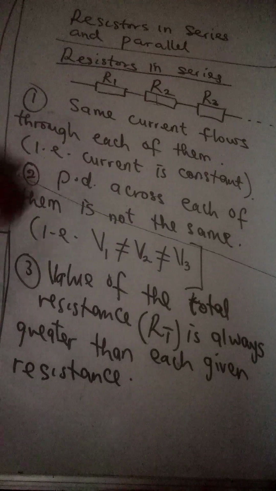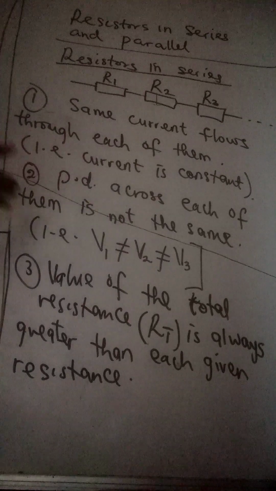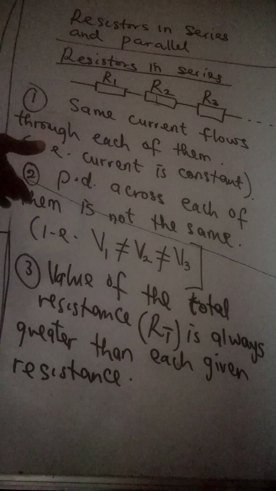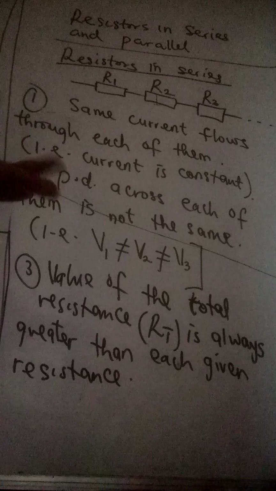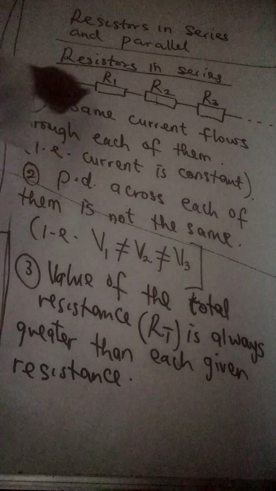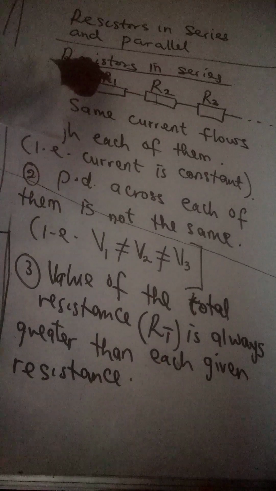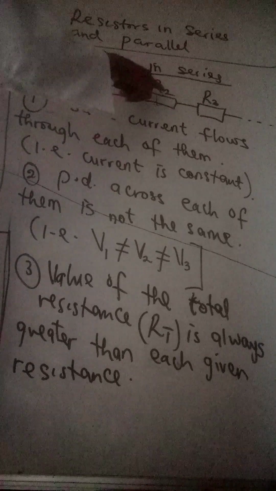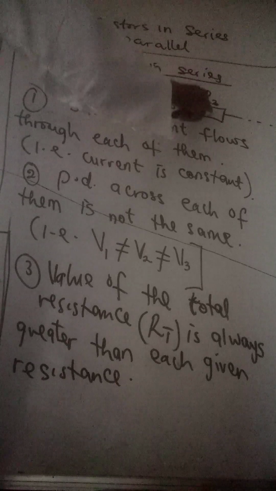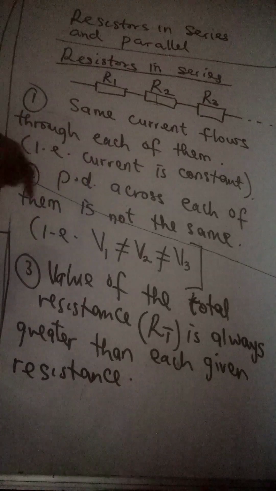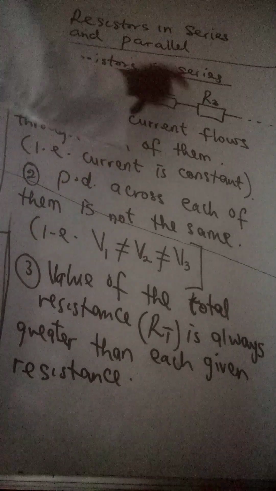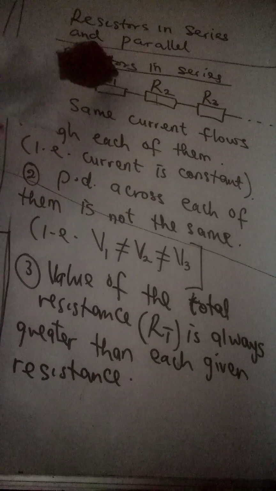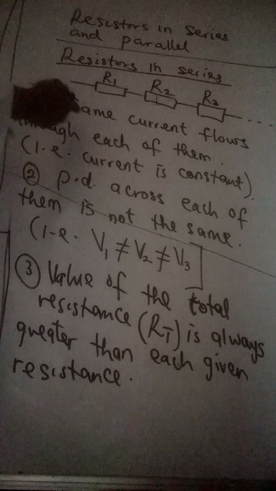Number 2, potential difference, which is the same thing as voltage, across each of them will be different. That means the potential difference, the voltage for resistor 1 will not be the same thing as the voltage for resistor 2 and will not be the same thing as the voltage for resistor 3, except if the values of the resistances are the same.